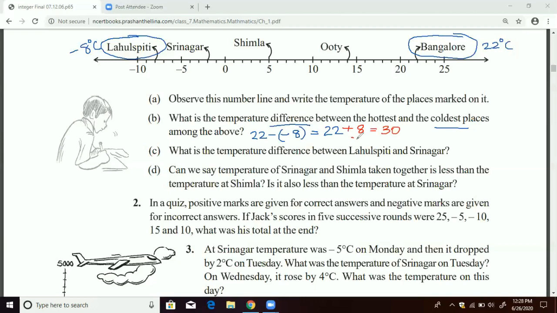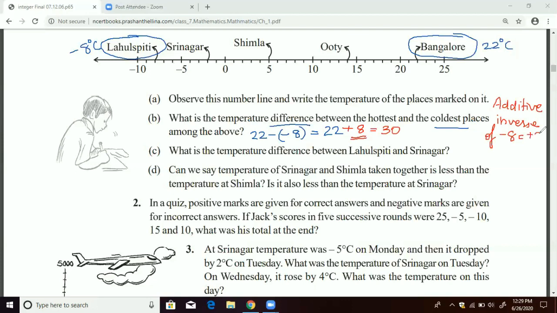So I repeat the same thing. Why have I written 8? The reason is the additive inverse. The additive inverse of -8 is equal to +8.